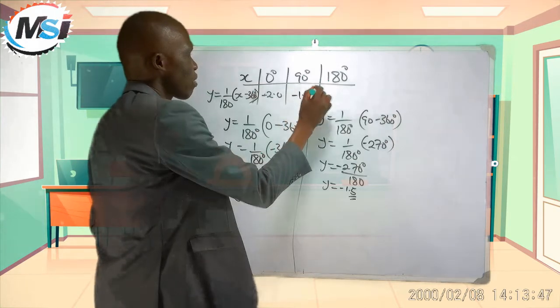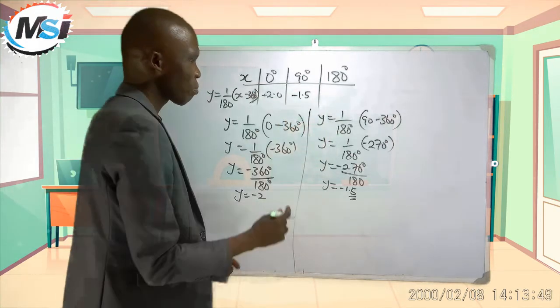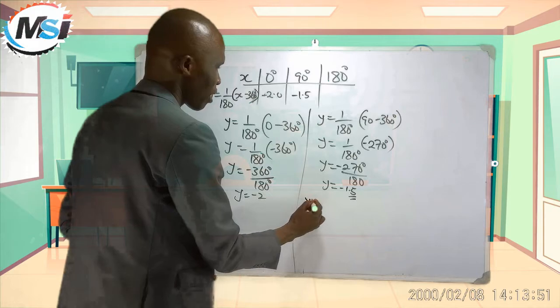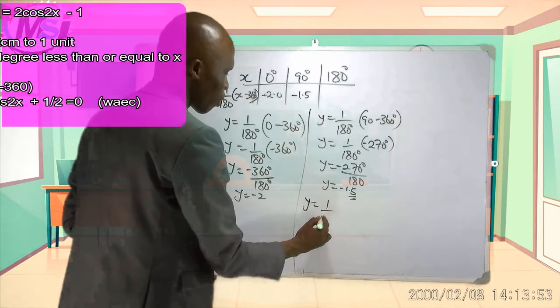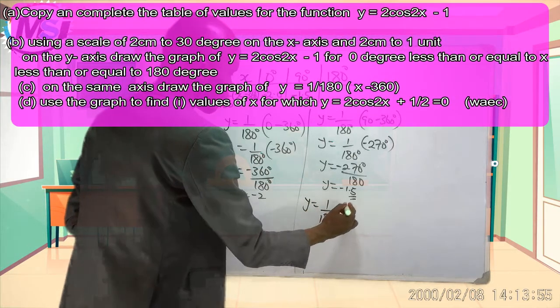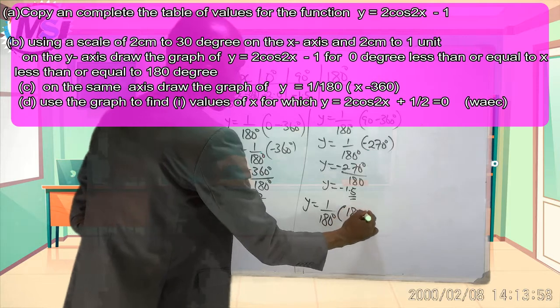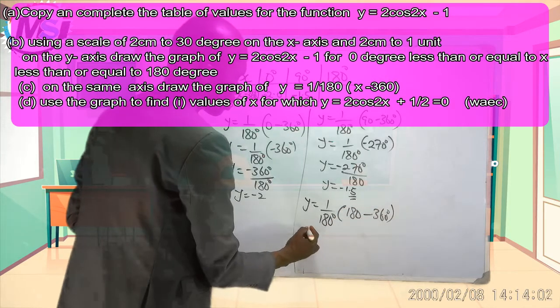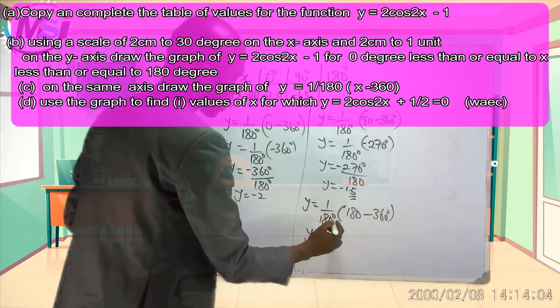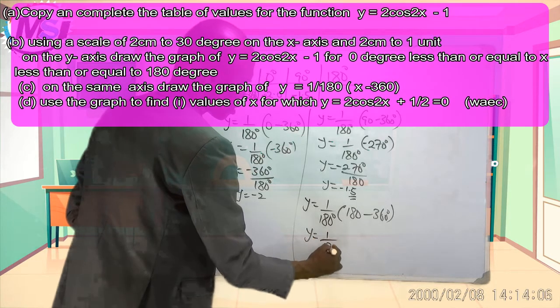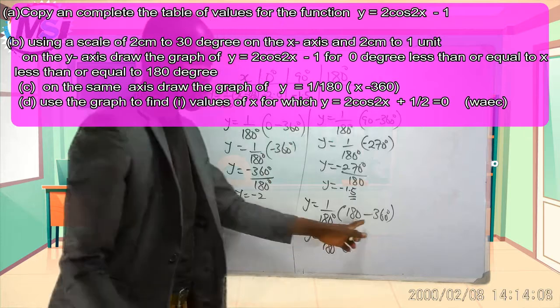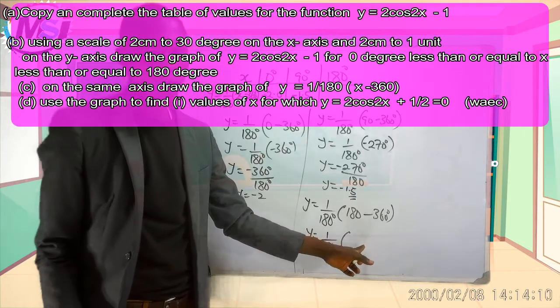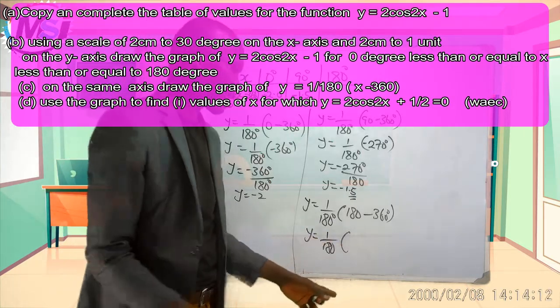Minus 1.5. Now let's do the last one. The last one is y equals 1 over 180 degree bracket 180 minus 360 degree. So this will give us 1 over 180 bracket. If you minus this, you are going to have minus 180.